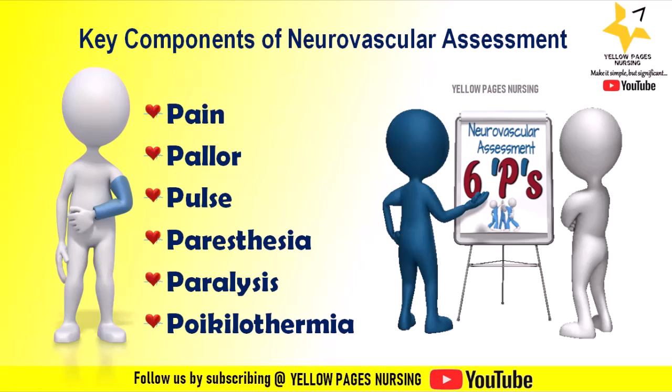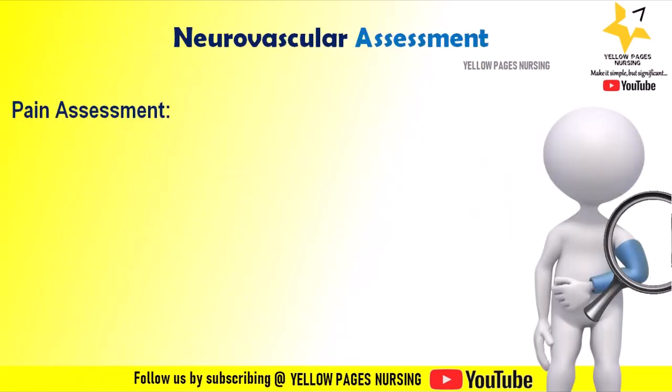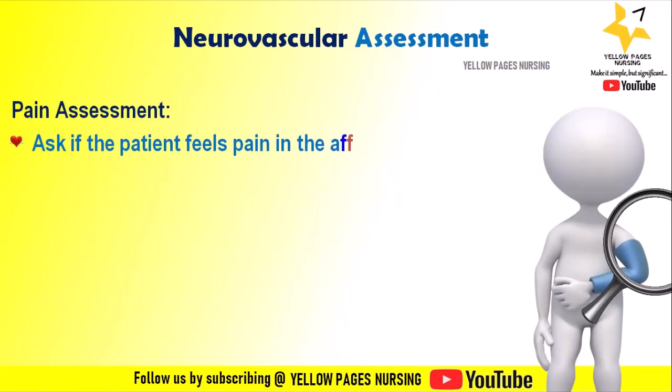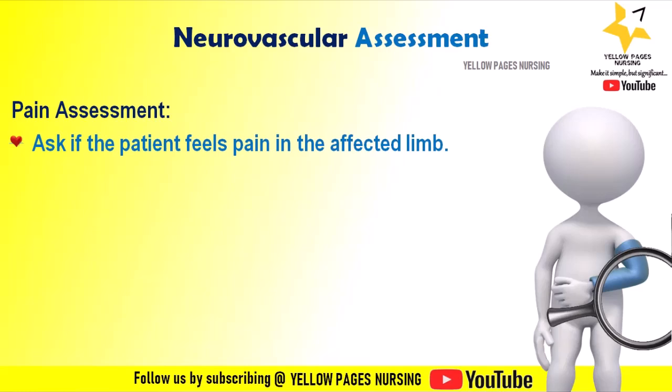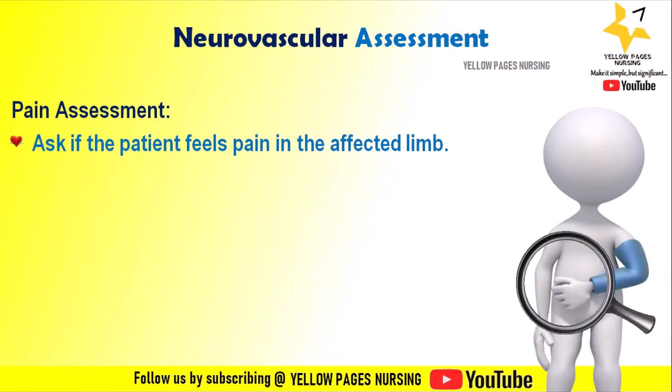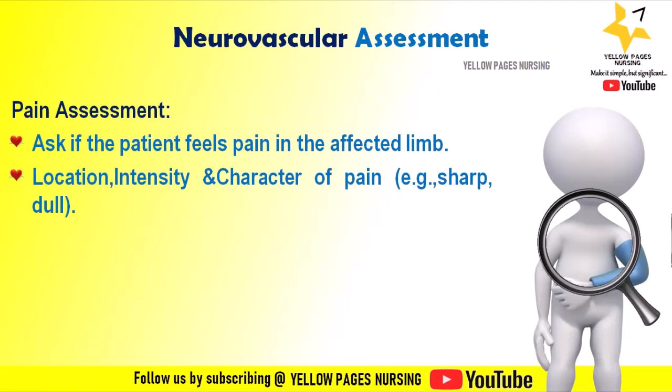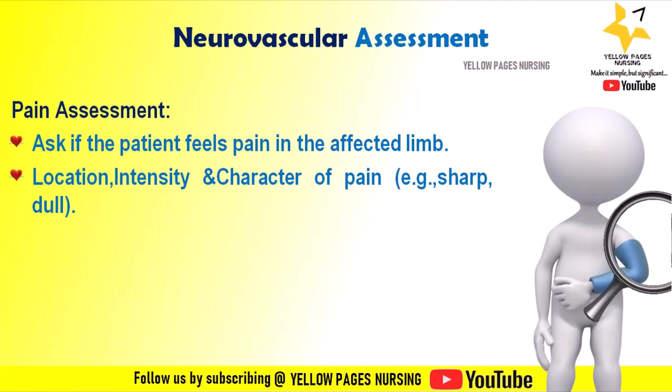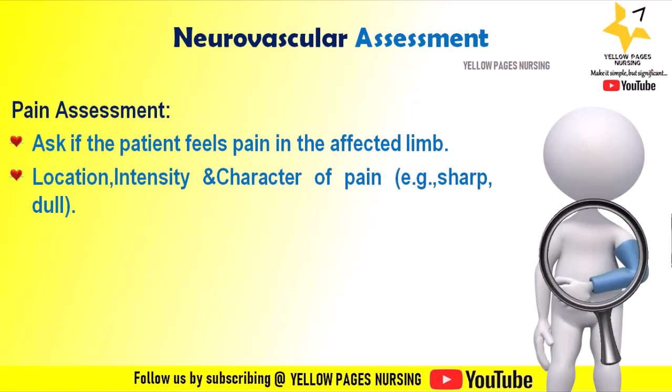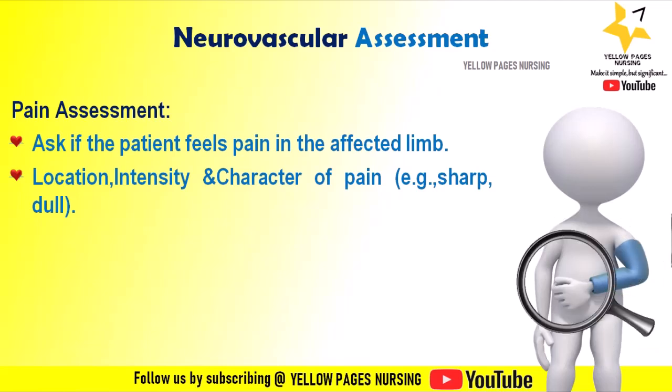First is pain. Pain assessment includes asking the patient if he or she feels pain in the affected limb and noting where it hurts, how intense it is, and what kind of pain it is, for example, sharp, dull, etc. Next is using a pain scale for this assessment.